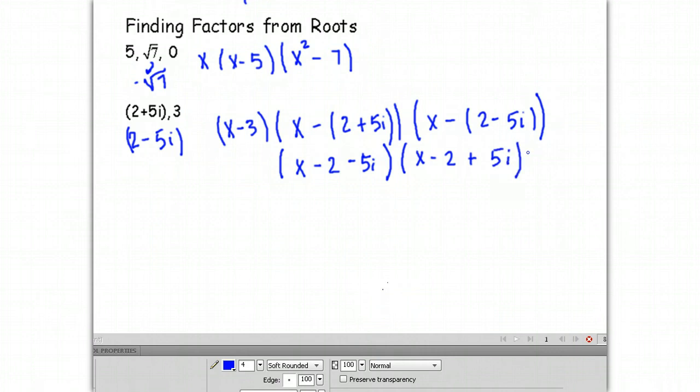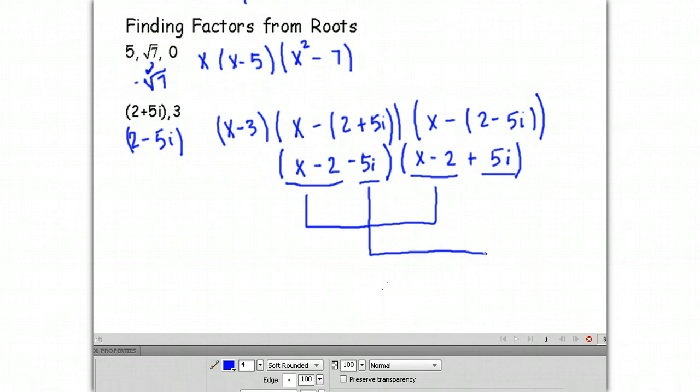So what happens here every time is that this is kind of like the difference of squares where your middle two terms always cancel each other out. So if I group these like this and this, when I FOIL this out, and that and this, okay, then this is always going to be the product of your first two terms, which is x minus 2 squared, and your last two terms, which is going to be negative 5i times positive 5i.